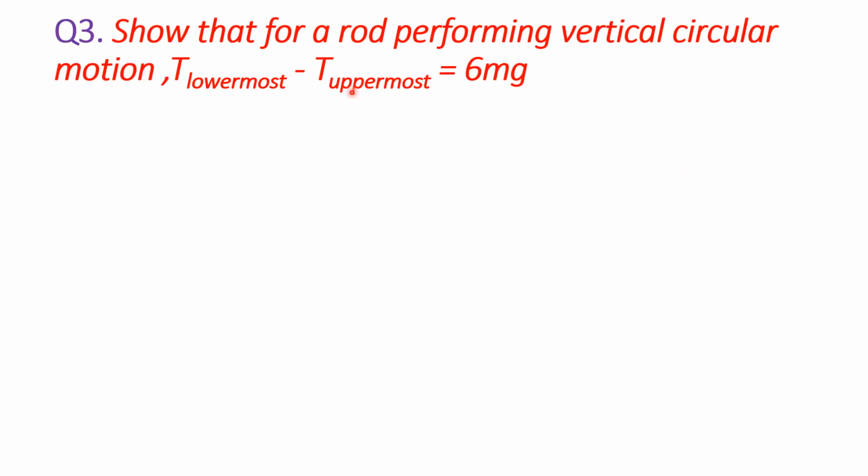Consider the third application. Show that for a rod performing a vertical circular motion, T lowermost minus T uppermost is equal to 6mg. That is, we have to prove that the difference in tension at the lowermost position and the uppermost position is equal to 6mg.